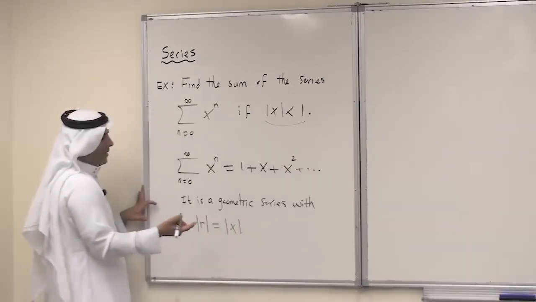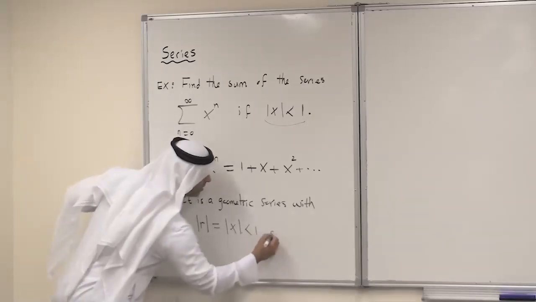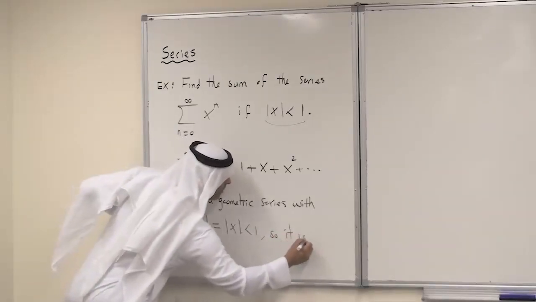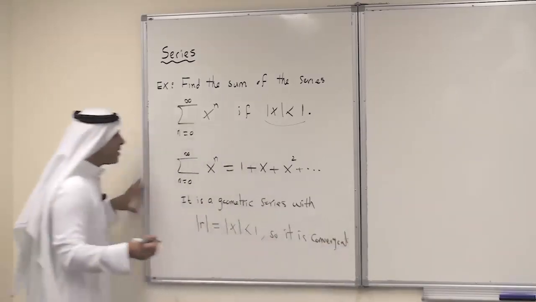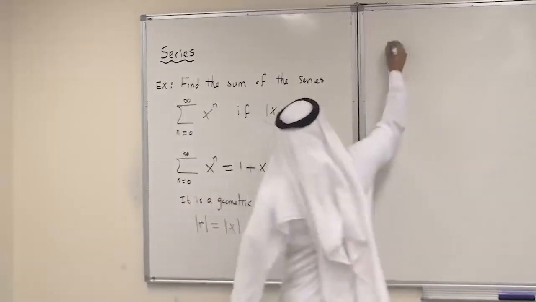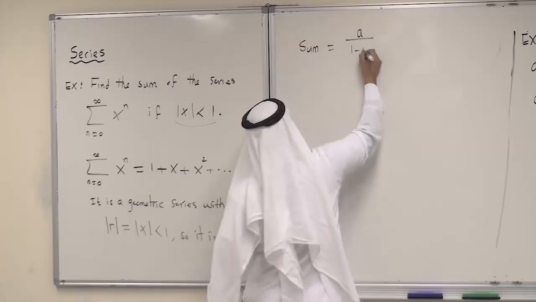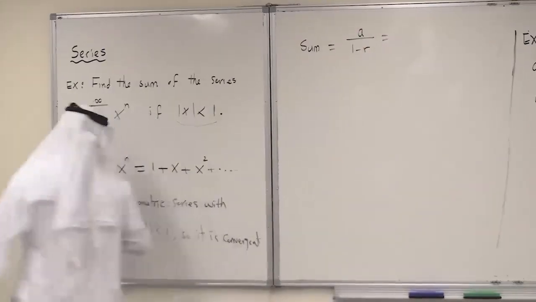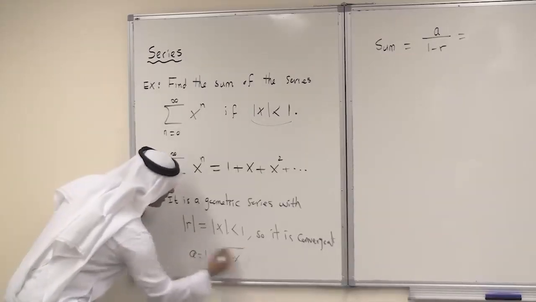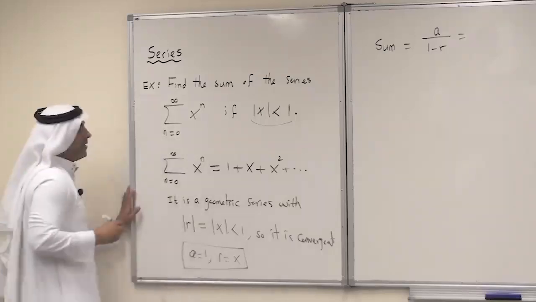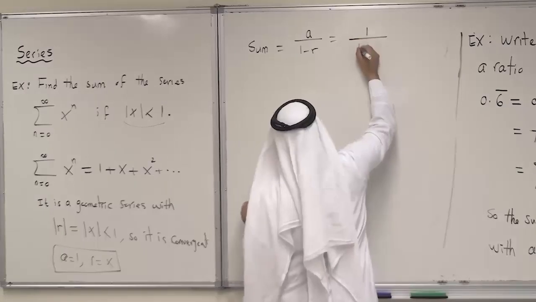Now, since it is less than 1, it is a convergent geometric series, and since it is convergent, the sum is exactly equal to a over 1 minus r. Here we have a equal to 1 and r equal to x. So we apply it here, and we have the answer to be 1 over 1 minus x.